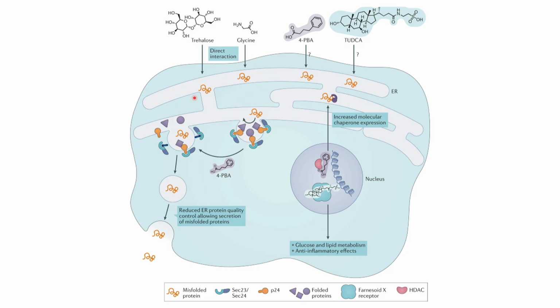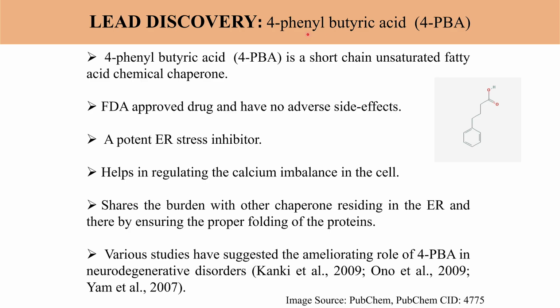Considering all these properties, if we see the molecular structure of TUDCA, it is very complex, and this one seems to be simple and has many other properties. So, we can zero in on the molecule. In our lab we zeroed in on 4-PBA. Now, 4-PBA is a very small molecule, a short chain unsaturated fatty acid.